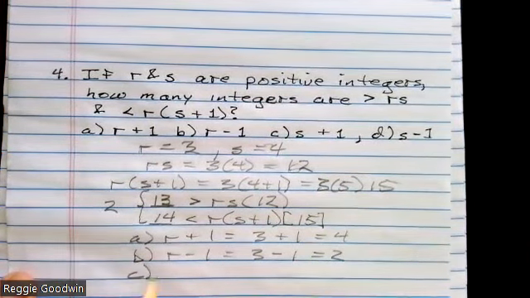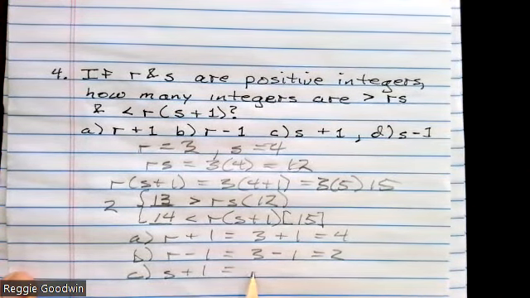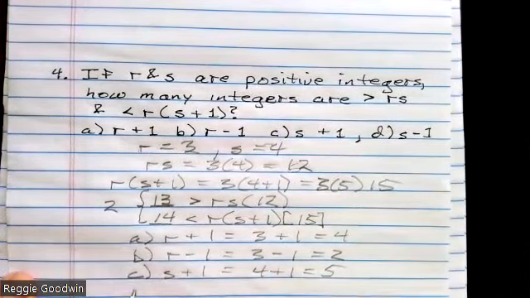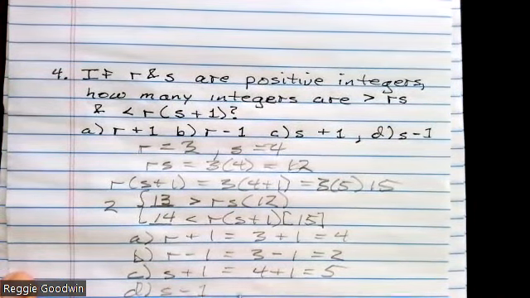And C, s plus 1 is equal to 4 plus 1, which is equal to 5. And D is s minus 1, which is equal to 4 minus 1, which is equal to 3.